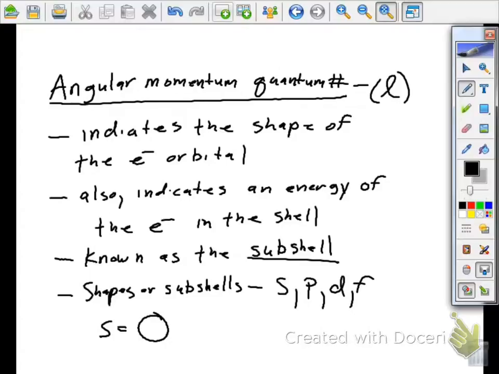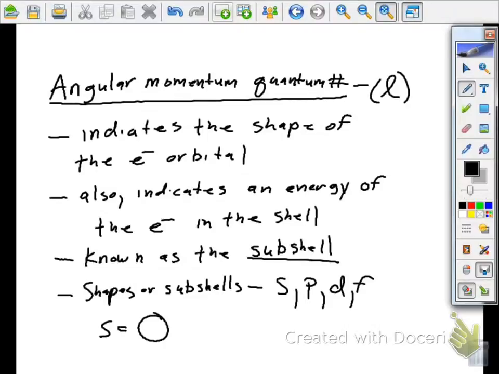That would be an example indicating that shape. Okay, like that. All right, so that's the shape.